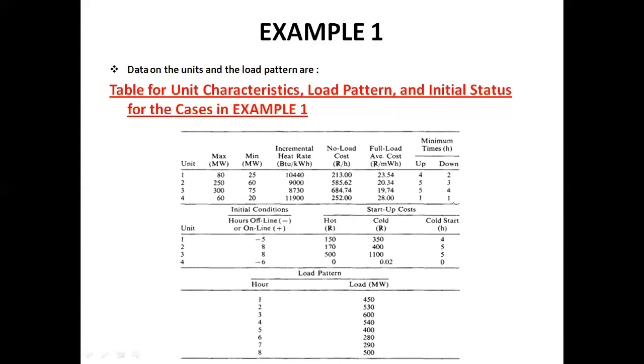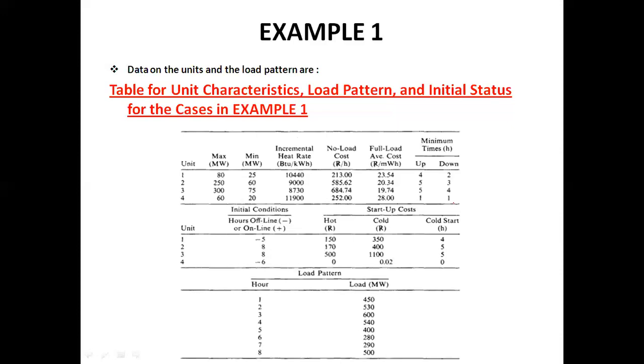Minimum up and minimum downtime means you cannot start a unit while it is in minimum downtime. Before the end of the minimum downtime, you cannot start or commit a unit.